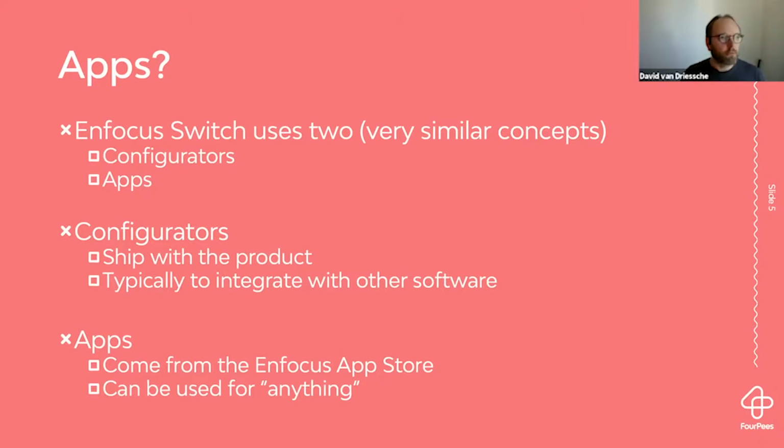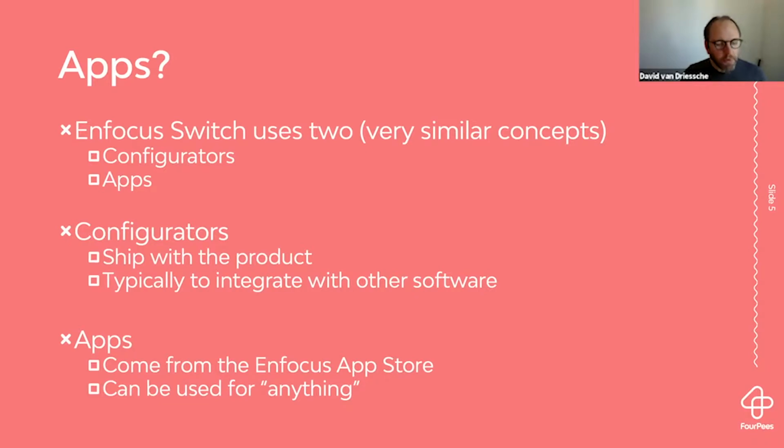So if you want to run Callas PDF Toolbox in Switch, then you would use the PDF Toolbox configurator. There are actually, I always forget because I tend to ignore one, 4 or 5 configurators to drive different parts of PDF Toolbox functionality inside of Switch. So that ships with the product. It's always available. You can upgrade it through Switch, and it drives PDF Toolbox.